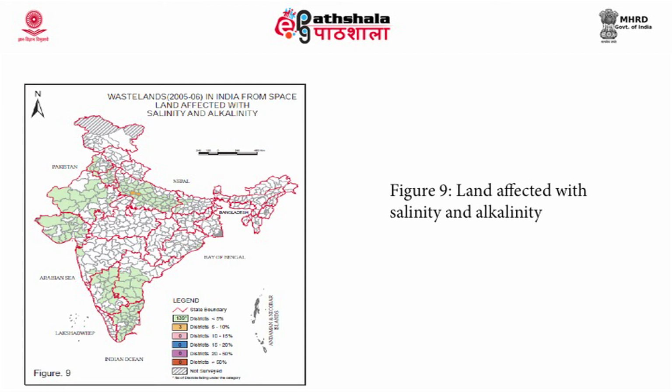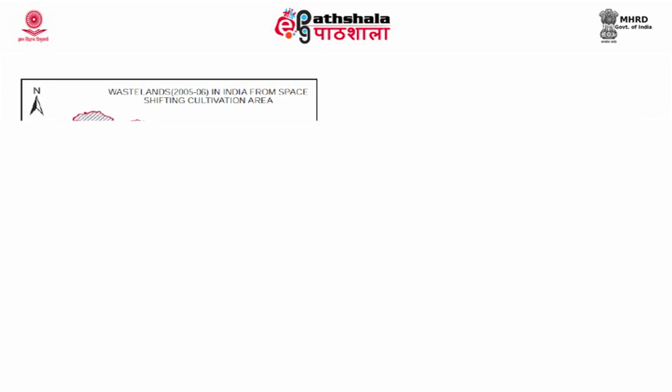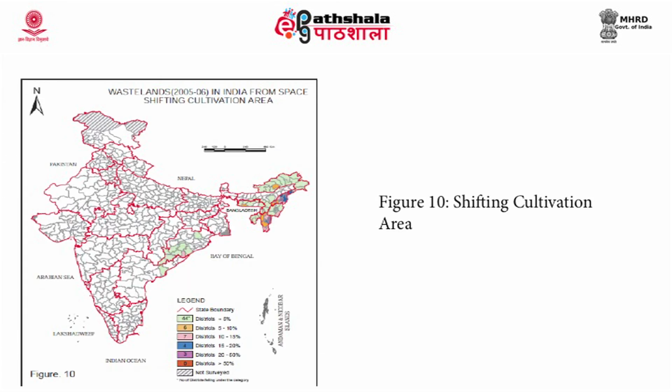In this, 139 districts have wasteland area that is less than 5%, while 3 districts have area between 5 to 10%. The next map shows the wasteland map that represents the shifting cultivation area, where 44 districts have wasteland area less than 5%, 6 between 5 to 10%, 7 between 10 to 15, 4 between 15 to 20 and 3 between 20 to 50%.